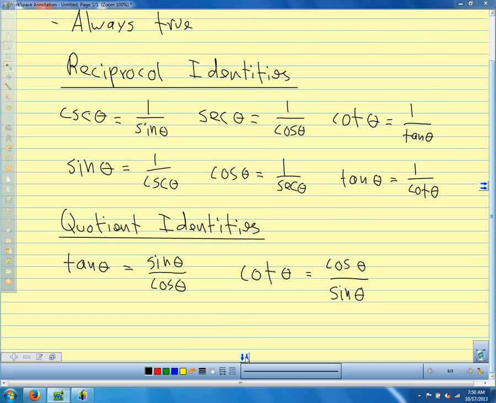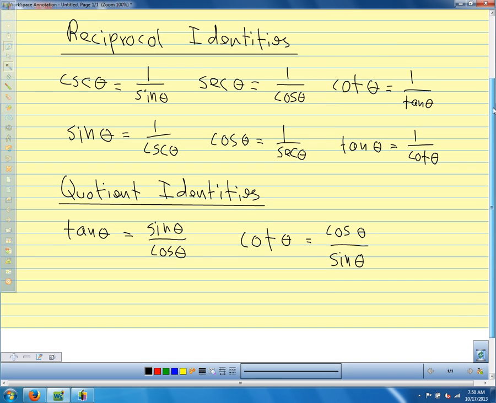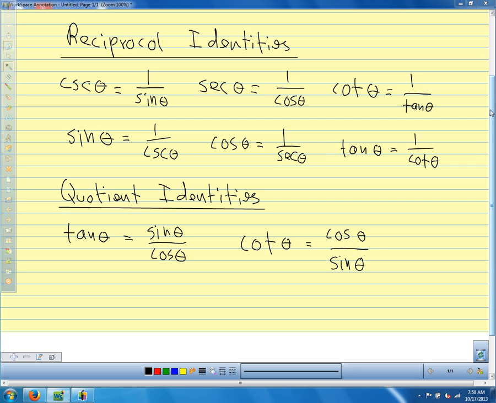I just want to mention here, when we write our trig functions, it doesn't make any sense to write, for example, sine equals 1/2. It has to be sine of something. We have to have something in here. It could be an x, a theta, something. Writing sine equals 1/2 is kind of like writing square root equals 1/2. There has to be something in there for it to make sense.